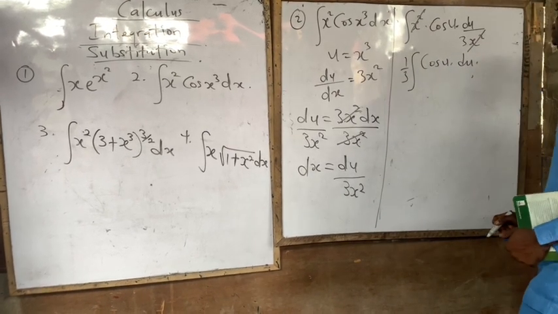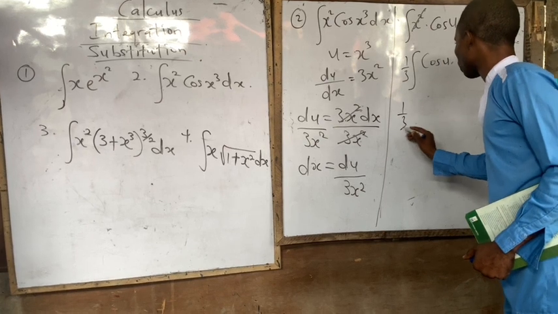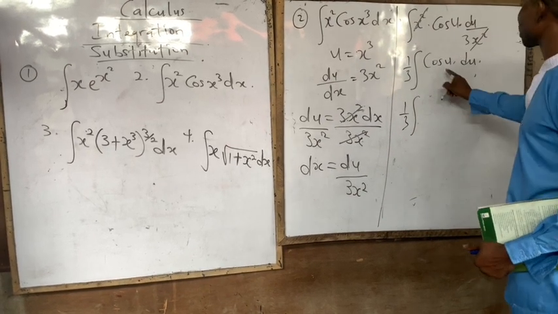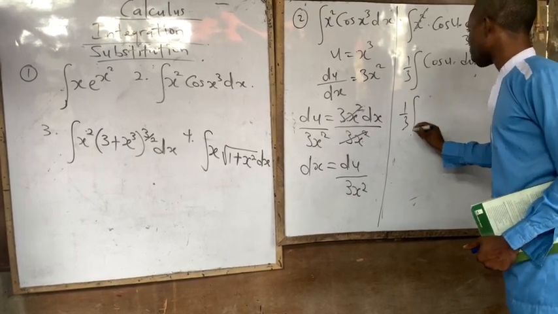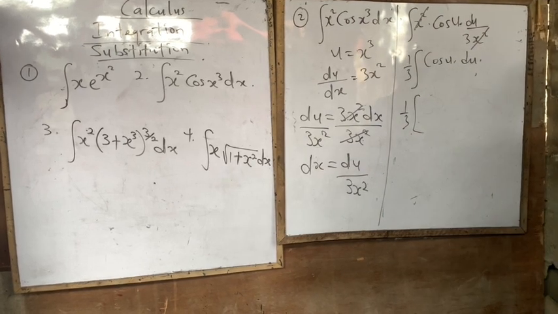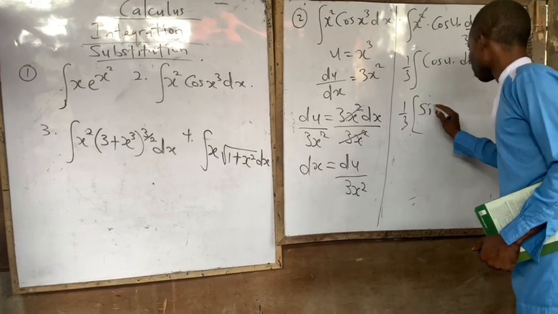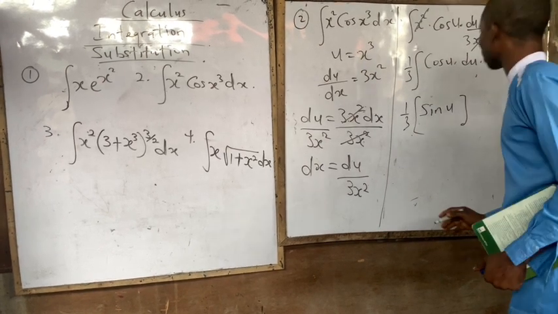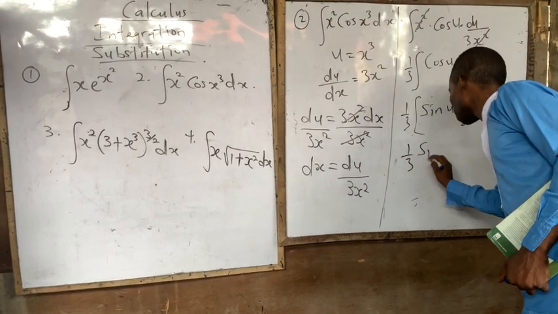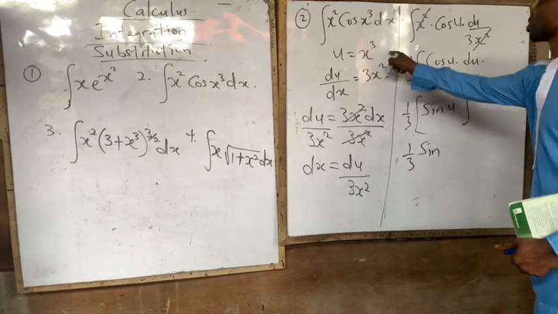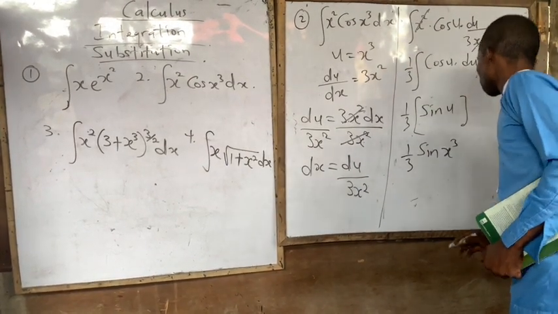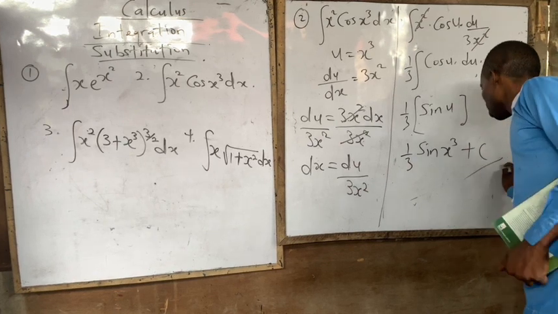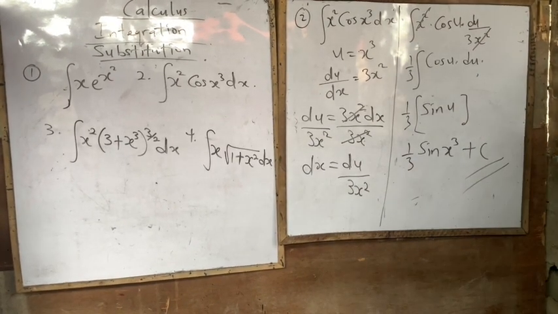If I integrate cos u, what will be the integration of cos u? That will be sin u. So that means my answer will be 1 over 3 sine. And what is my u? My u is x cubed. So 1 over 3 sine x cubed plus c. This c is our arbitrary constant.